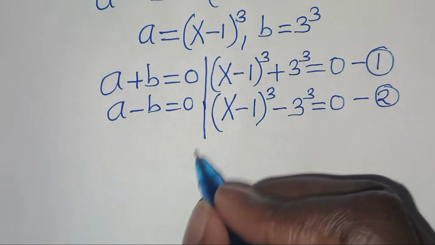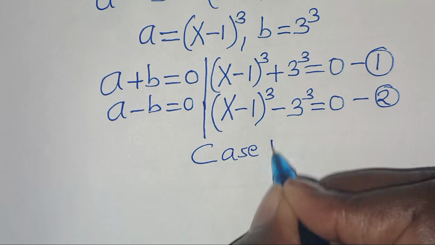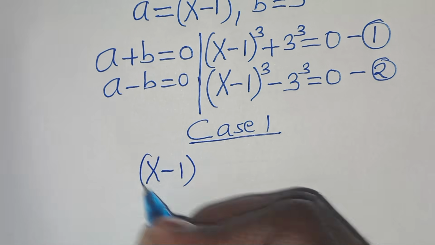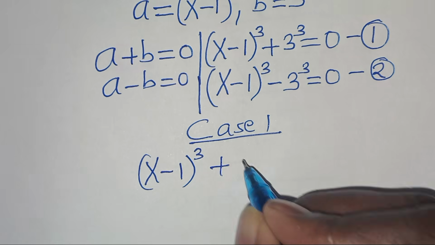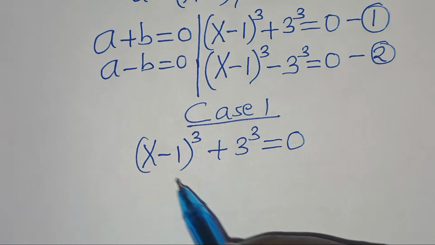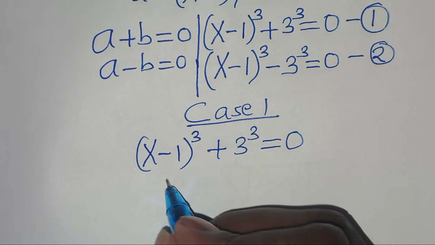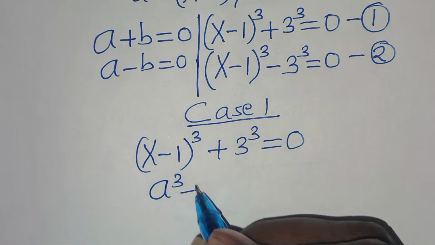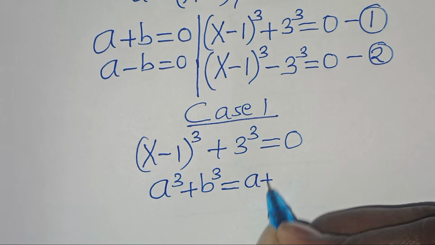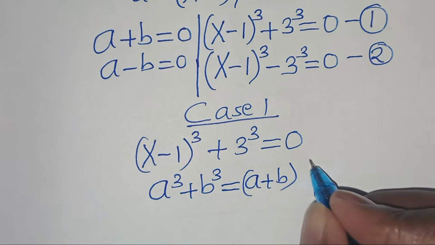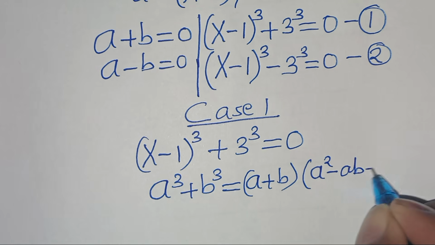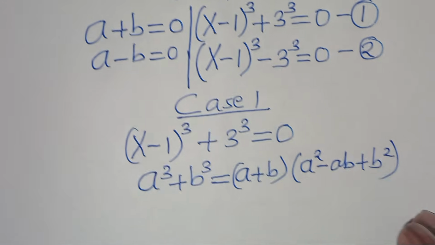So let's start with case 1. We have (x − 1)^3 + 3^3 = 0. This is the sum of two cubes, a^3 + b^3, which we can express as (a + b)(a^2 − ab + b^2).